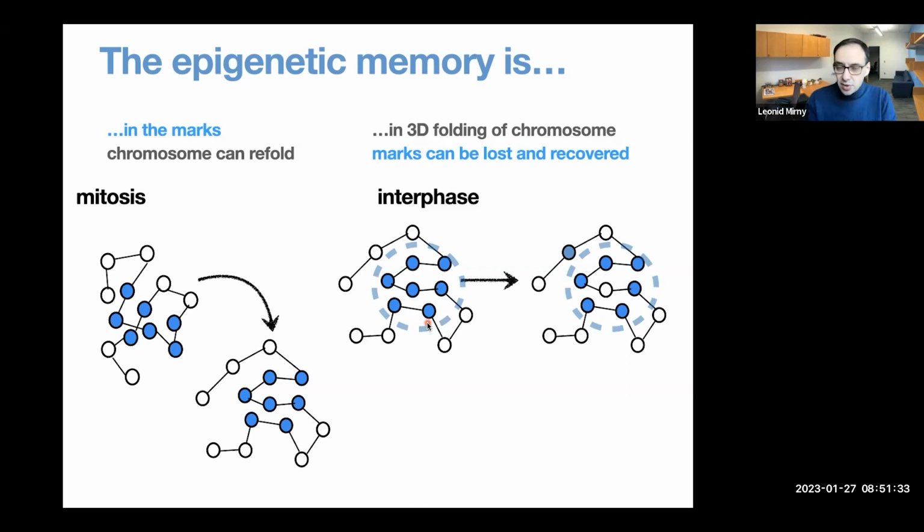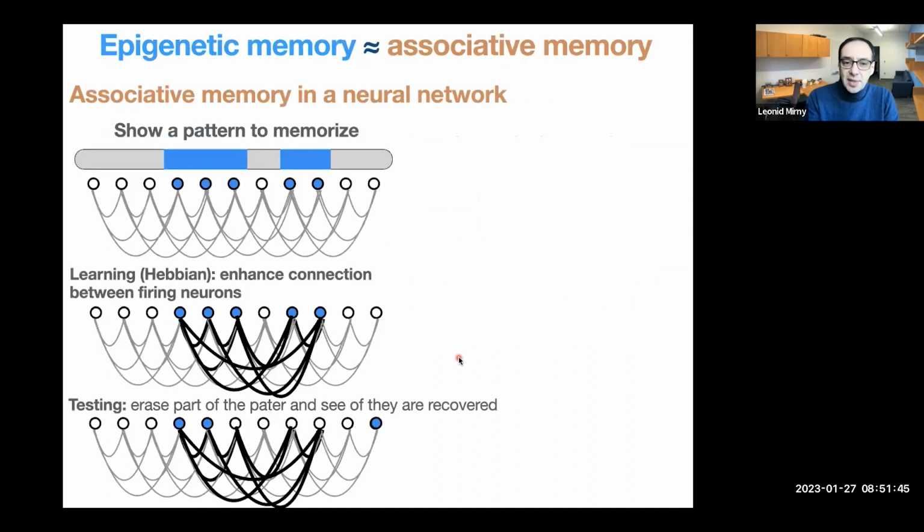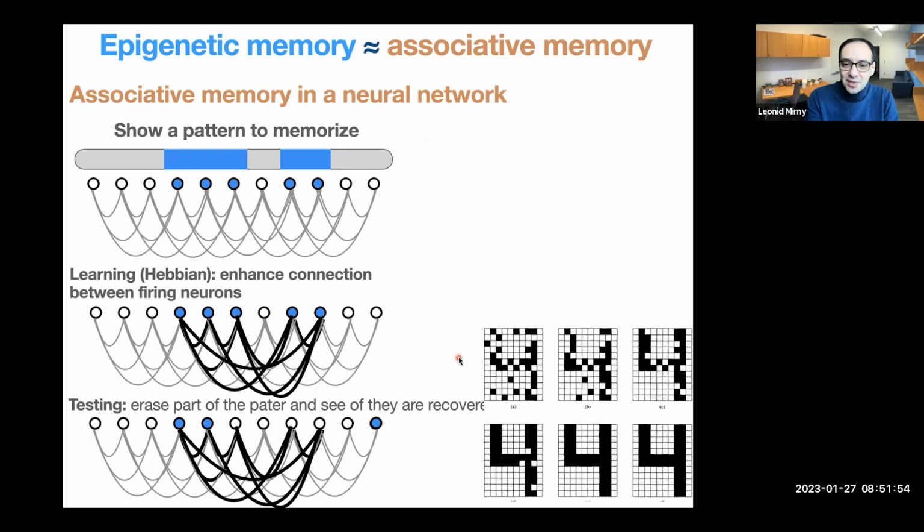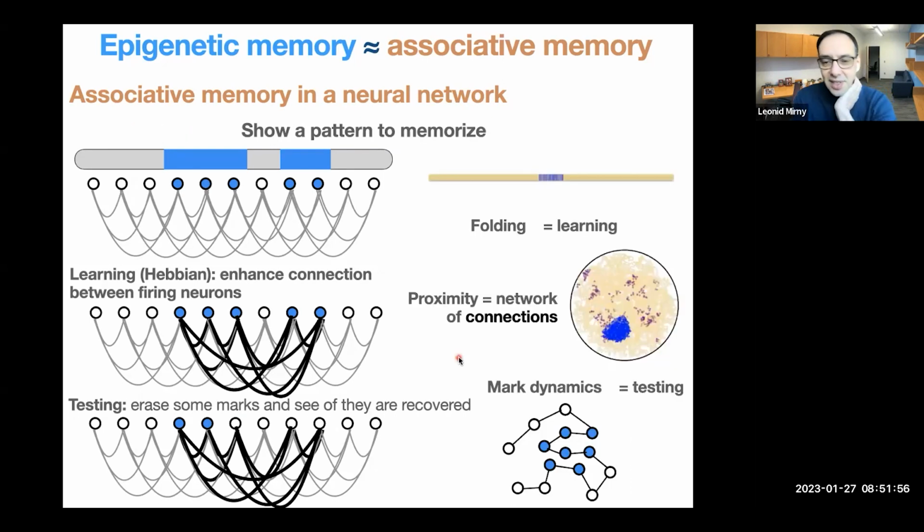That allows marks to be changed during replication and then recovered. So the memory is in the form of marks during mitosis and in the form of the folding of the chromosome during interphase. There are some interesting analogies between this system and associative memory in neural networks, and I'll skip the slides, so if you're interested, you can read about this in our bioarchive.